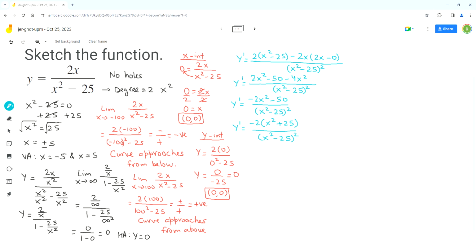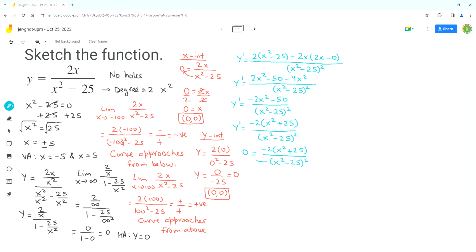Now we can find the critical numbers at which the y prime is equal to 0 or undefined. So we can start with y prime equals 0. So we can sub in the left side as 0. So negative 2 times (x squared plus 25) over (x squared minus 25) squared.